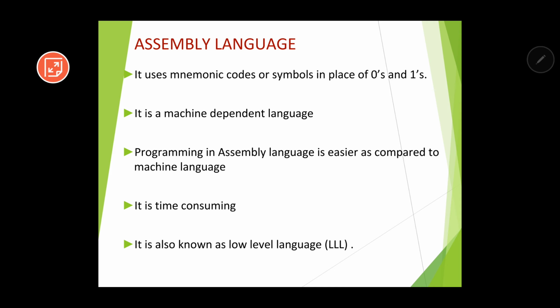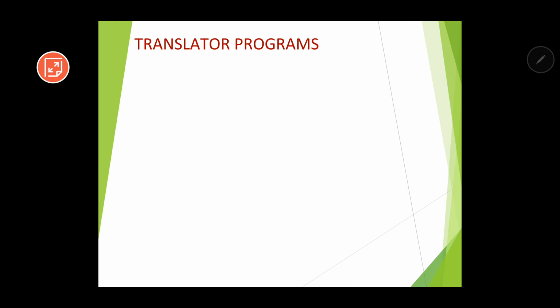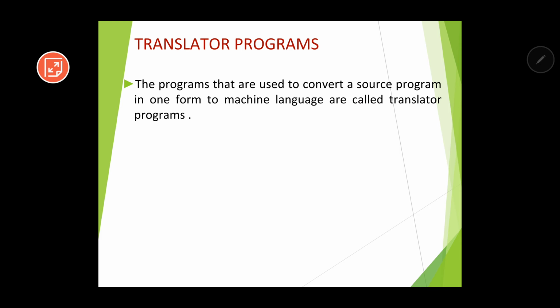Now you know that computers can understand only one type of language, that is machine language. So you may ask, if computers understand machine language and we are writing in assembly language, how can a computer understand it? Computers can understand it with the help of some programs known as translator programs. What is the use of translator programs?